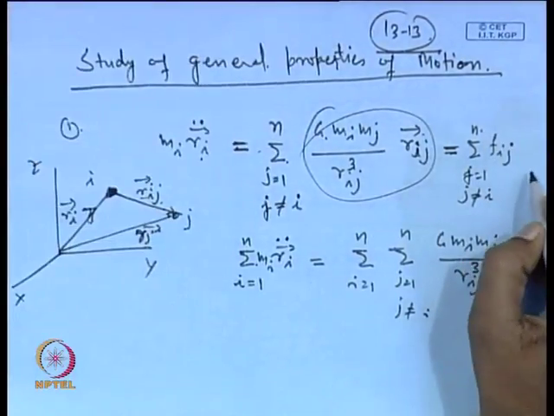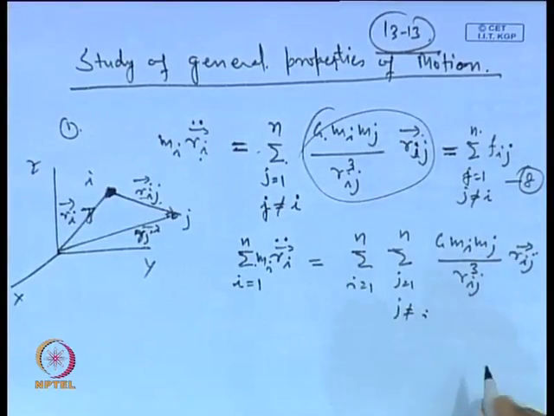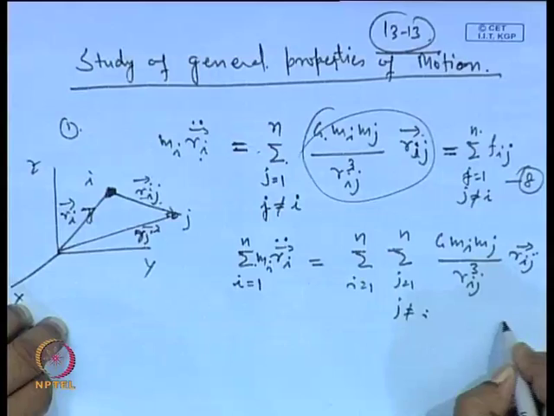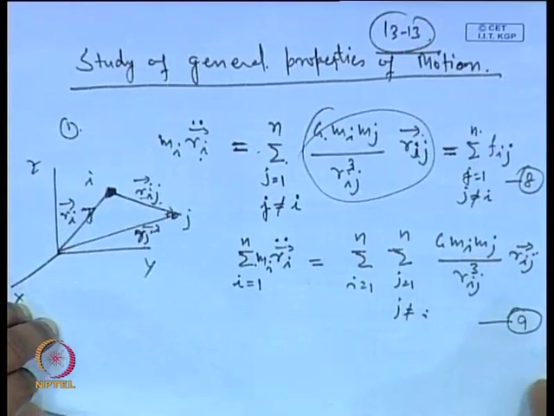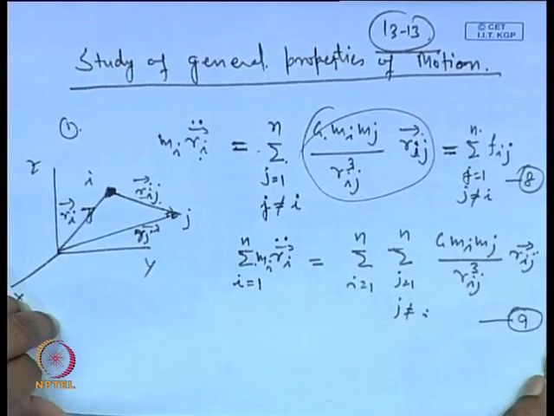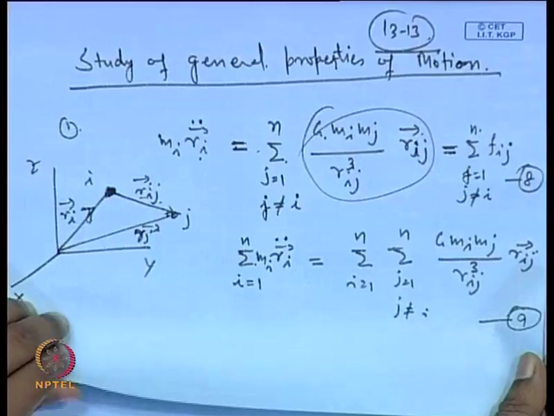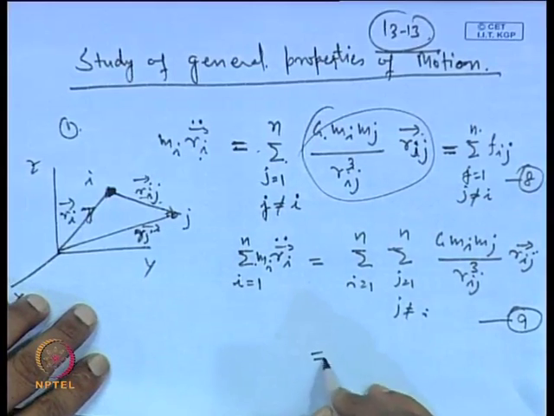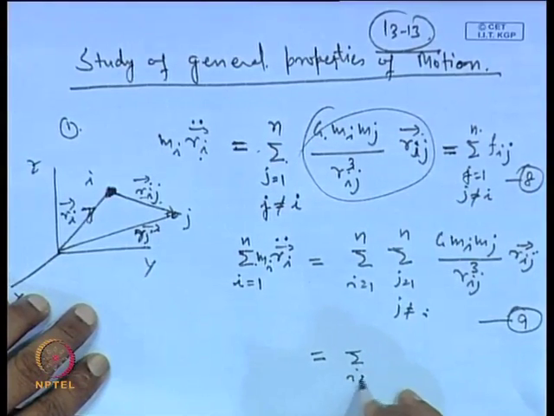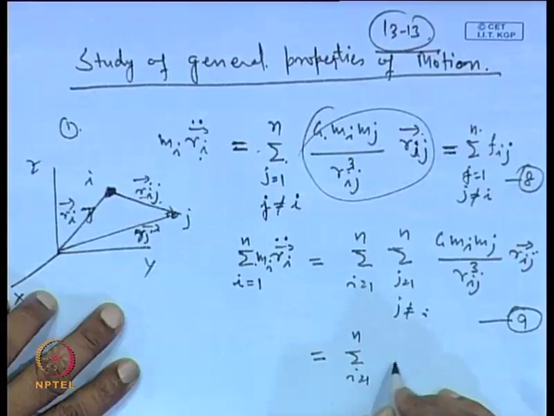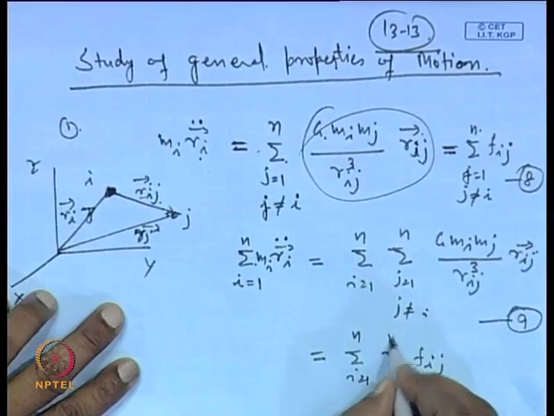So, we write this as equation number 8 and this is our equation number 9. So, this is nothing but i equal to 1 to n and summation f_ij, j equal to 1 to n, j is not equal to i.